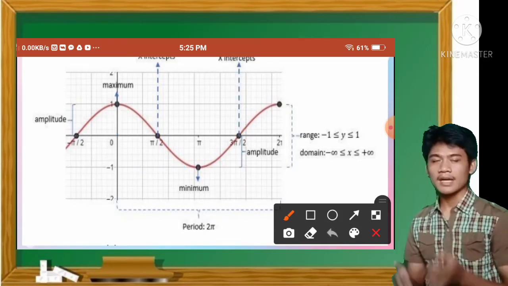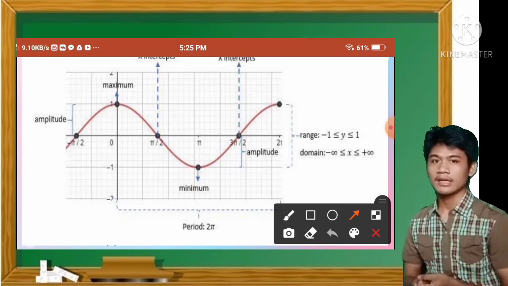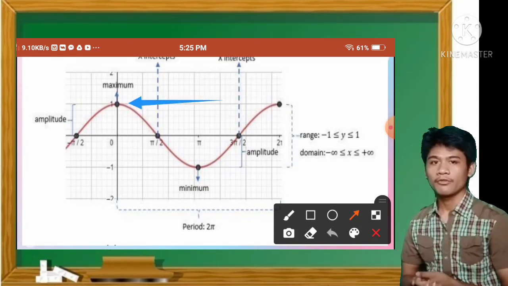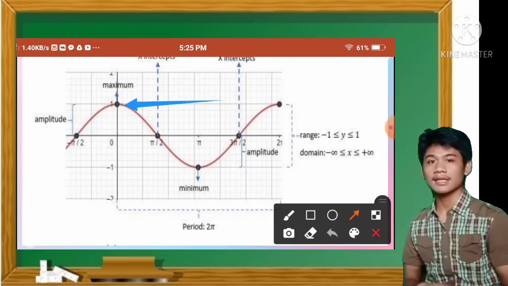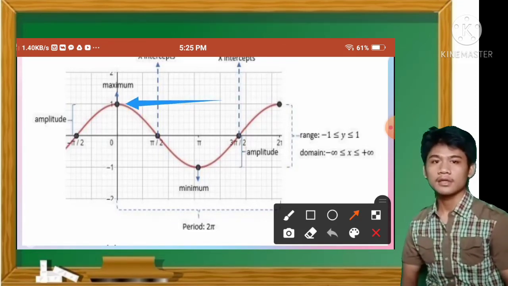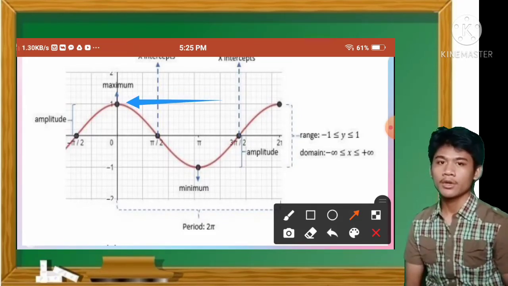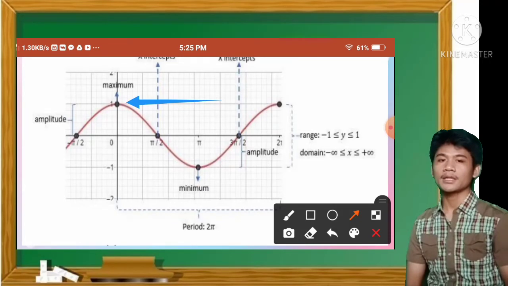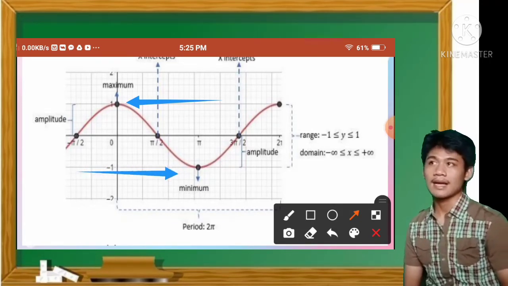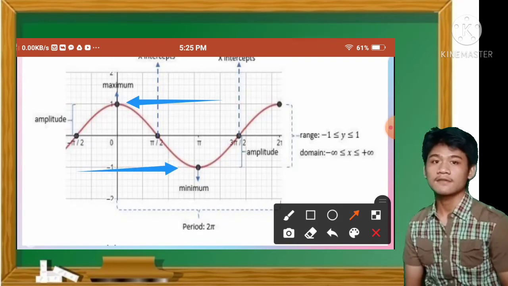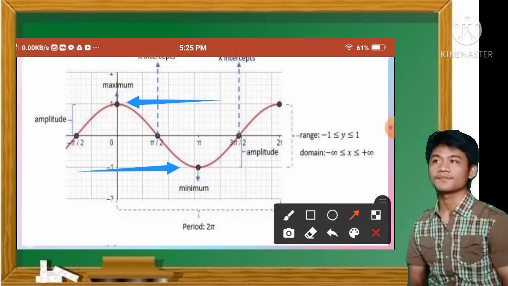The maximum point is the highest point, or the peak, of a curve. It is found mostly in quadrant 1 and quadrant 2. Then the negative, or the minimum point, is mostly found in quadrant 3 and quadrant 4, since it gives negative values of y.